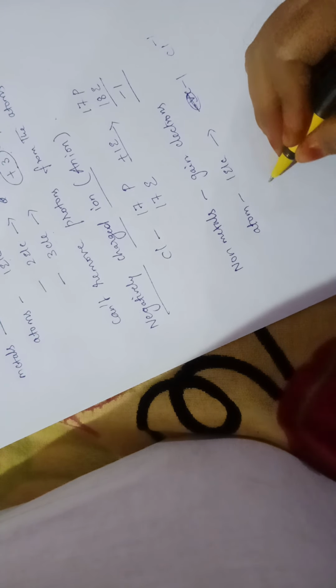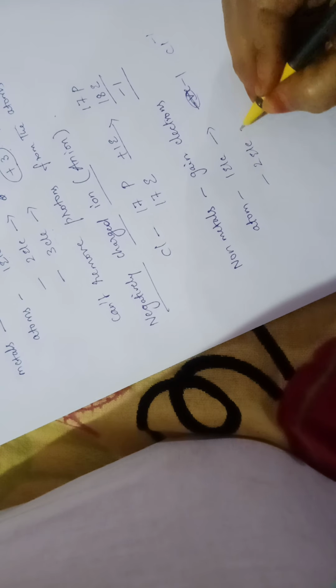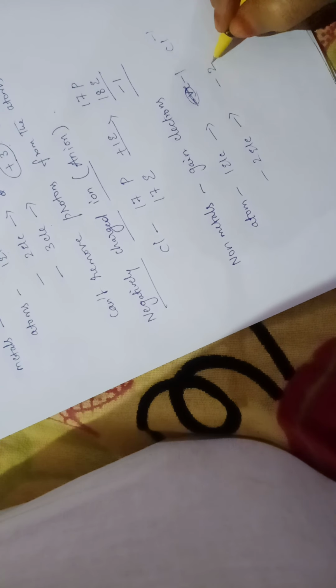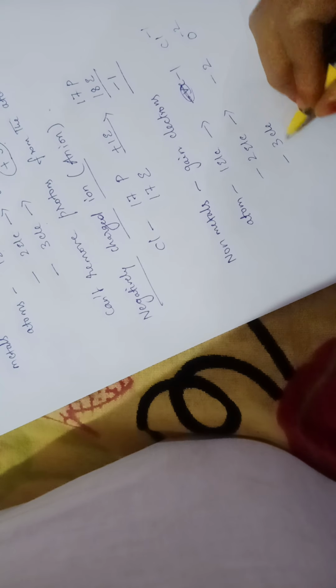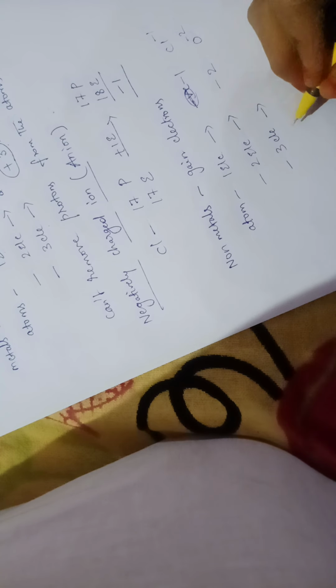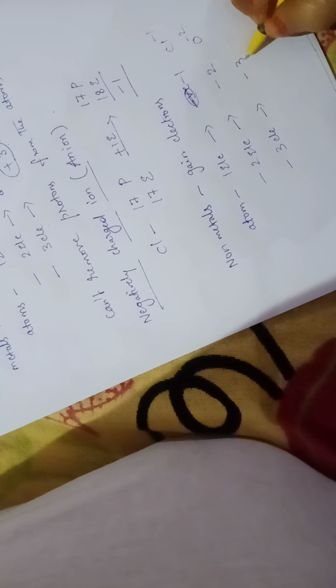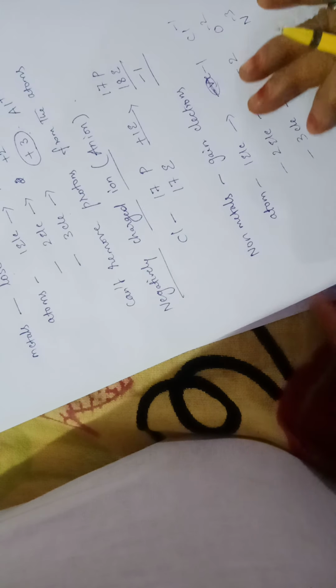Example: Cl-. If it gains 2 electrons, the charge will be -2, for example oxygen. If any atom gains 3 electrons, the charge will be -3, for example nitrogen. These are some examples of positively and negatively charged ions.